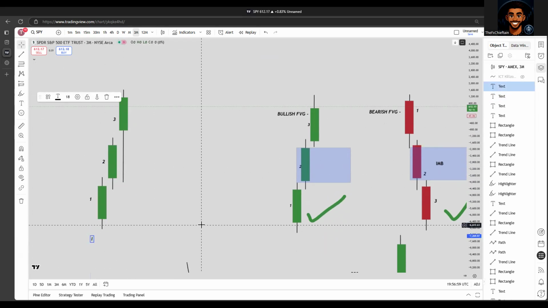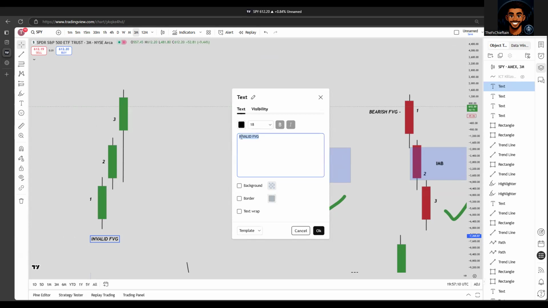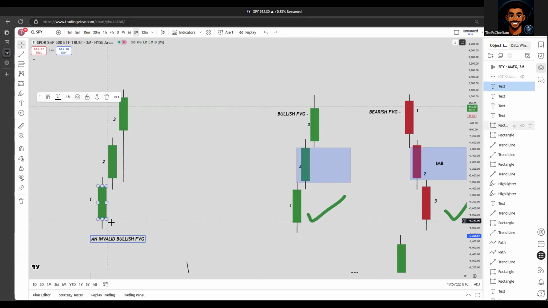This is an invalid level, an invalid bullish FVG. Right, let's use that instead. An invalid bullish FVG. So this is invalid, right?